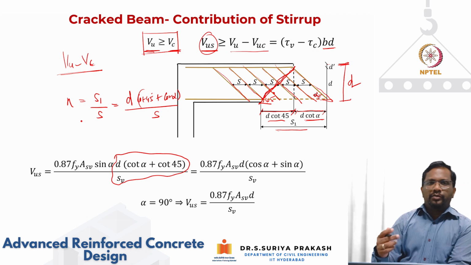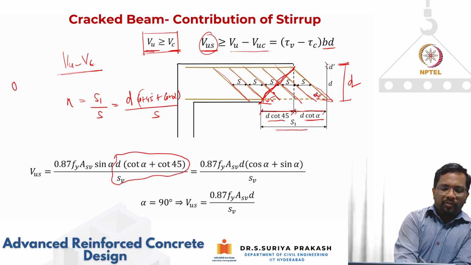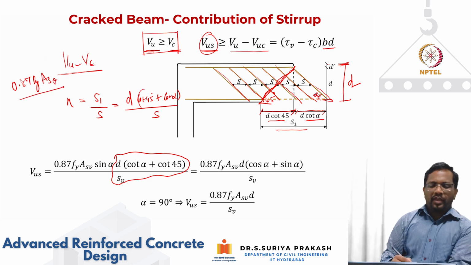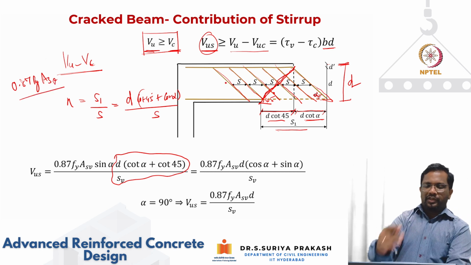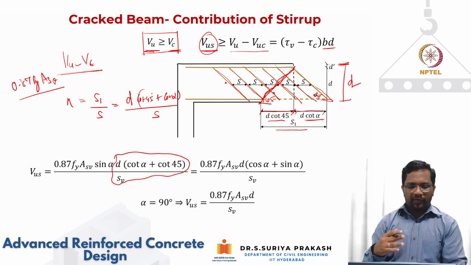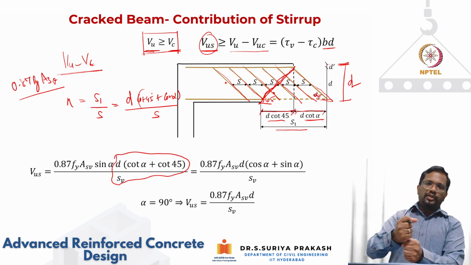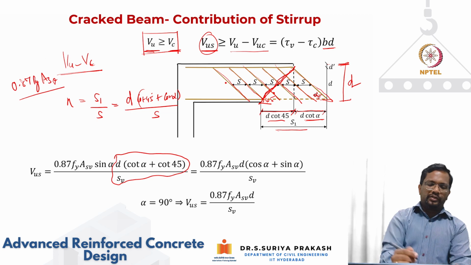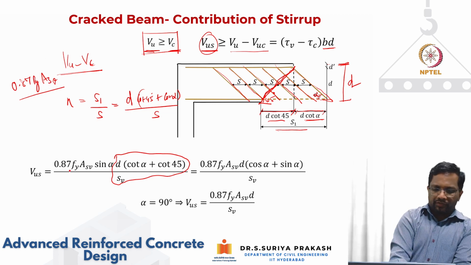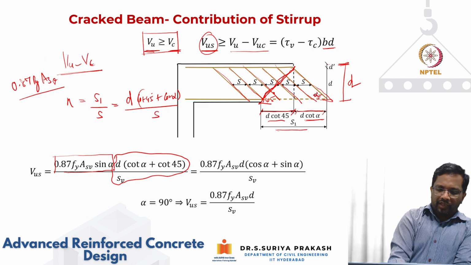Now, what is the maximum force that a stirrup can offer? 0.87 fy times its area. Let's say the area of the stirrup is Asv. This stirrup is now at an angle alpha. The vertical component of this tension force is going to resist the shear. So the vertical component is 0.87 fy Asv times sin alpha.